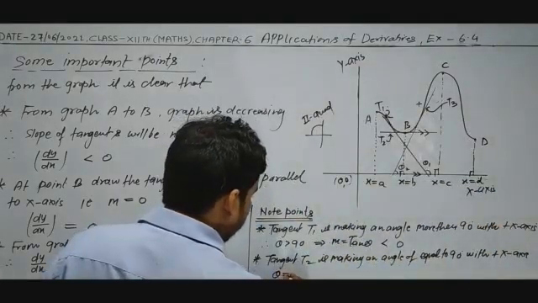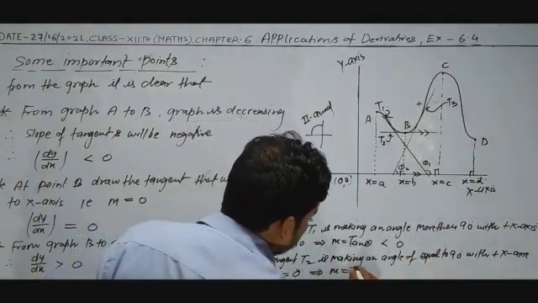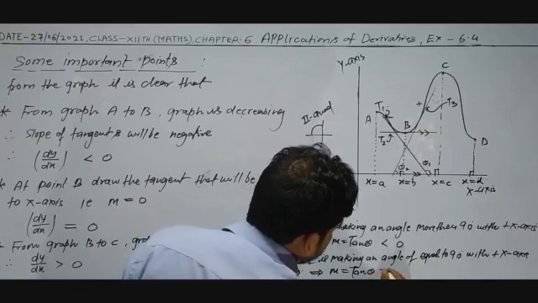Now theta is equal to 0 degree. This implies m is equal to tan theta is equal to 0.